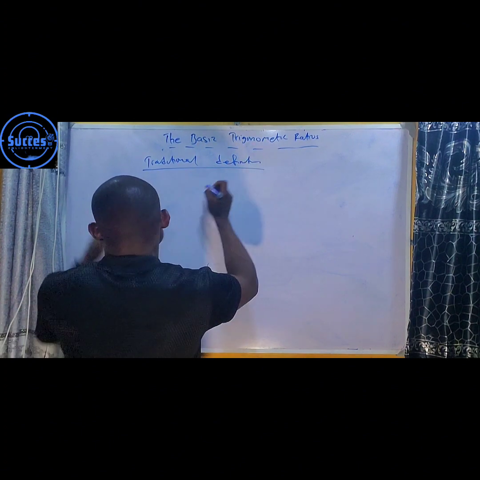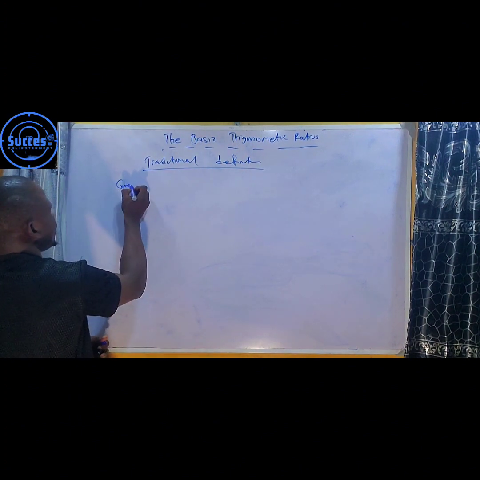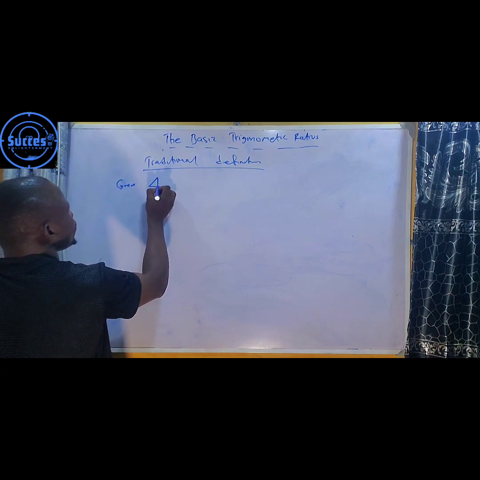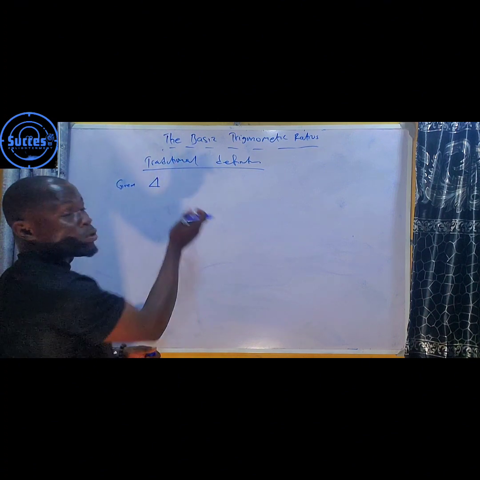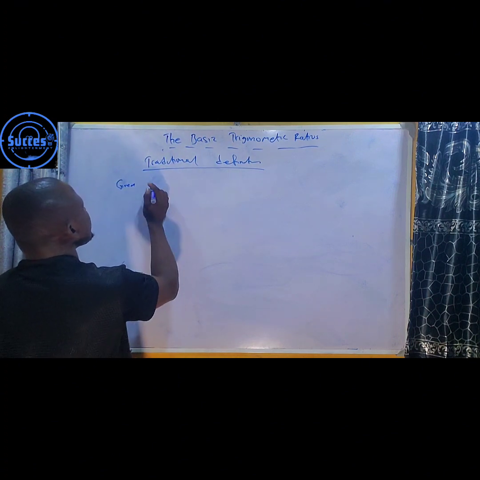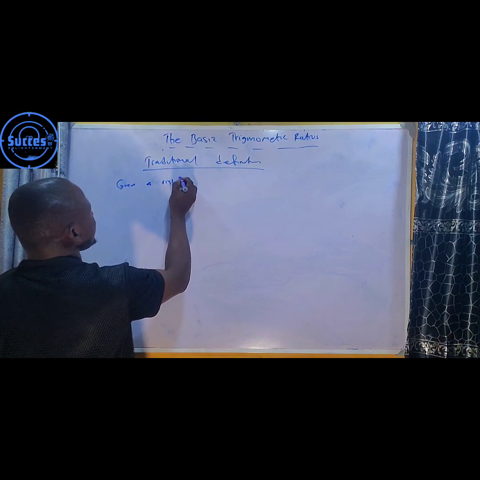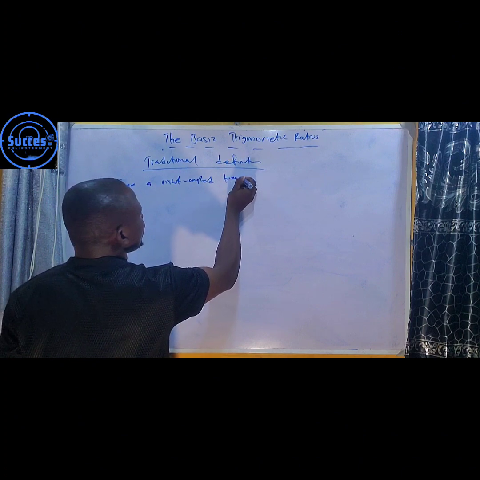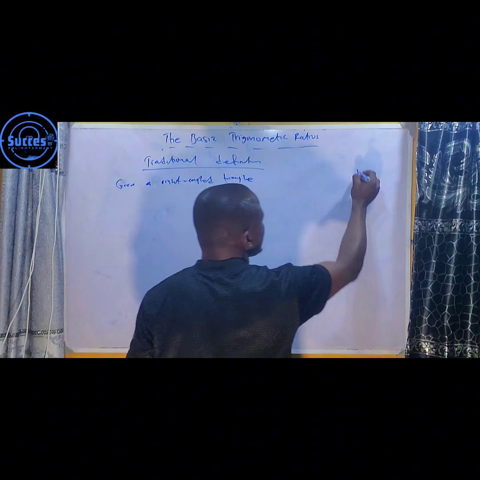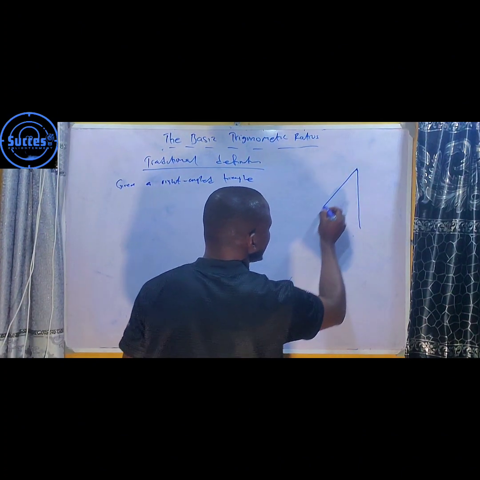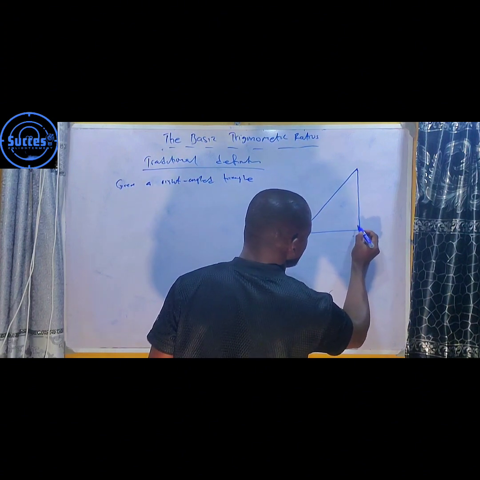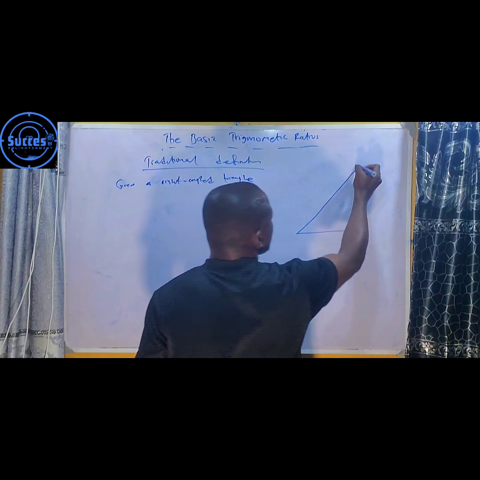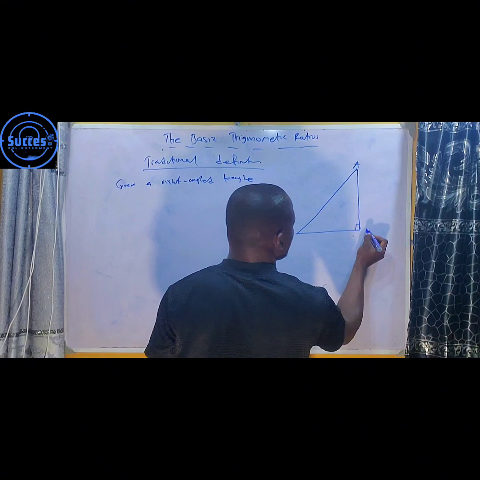Let's say we are given a right angled triangle like this. Don't forget this 90-degree. This our A, this our B, this our C.